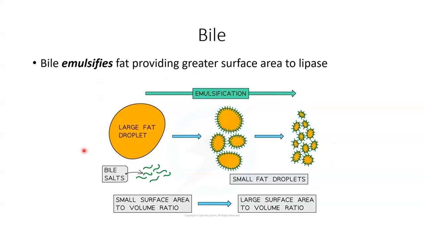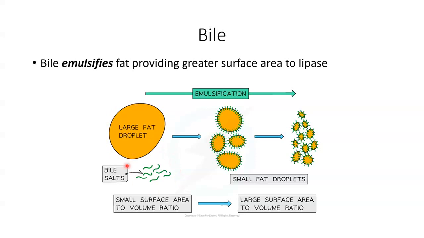So looking at it in a visual form, if this is a big droplet of fat, and our lipase was to try and attack this globule of fat, it would be very ineffective because there's a lot of fat in here and not much surface area for it to eat away at. That's where bile comes into play.